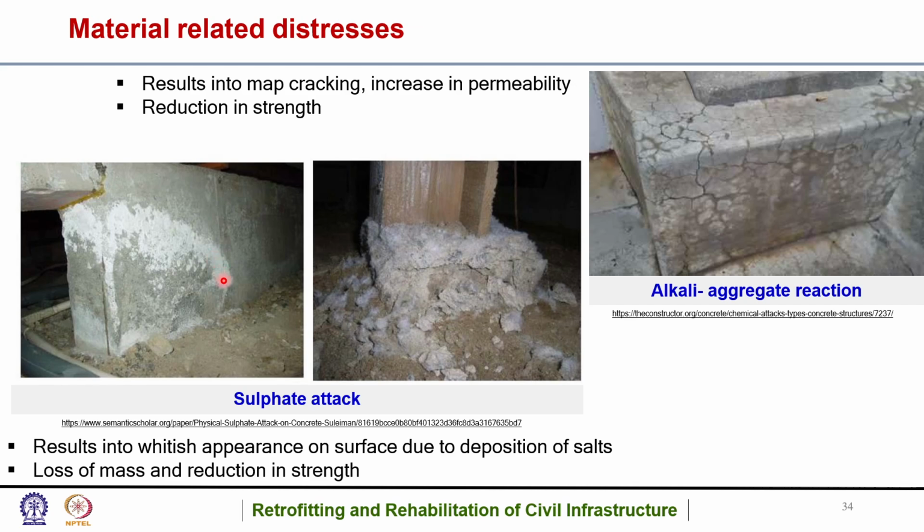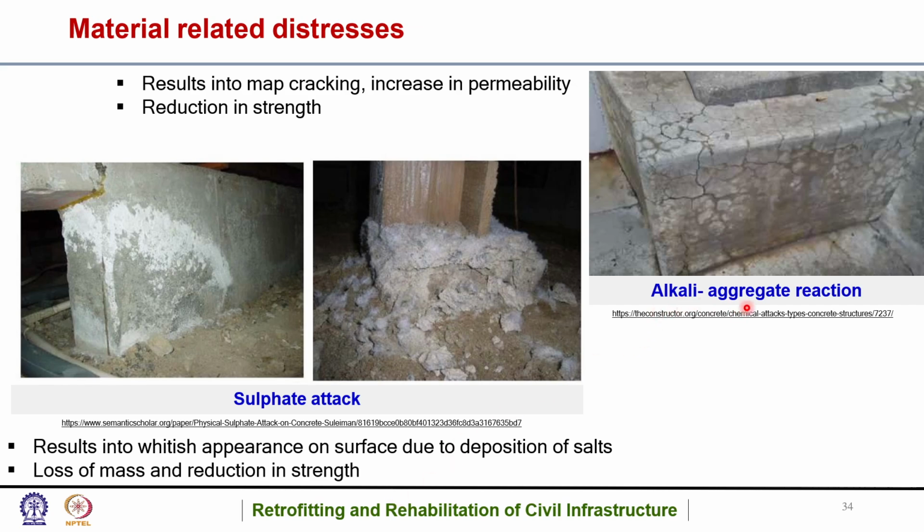Leaching is the removal of a substance from a material. From inside, if salts such as calcium hydroxide and various silicates and sulfates come out and deposit here, that is leaching, and it results in loss of mass. It also creates cracks and voids, which results in reduction in strength.